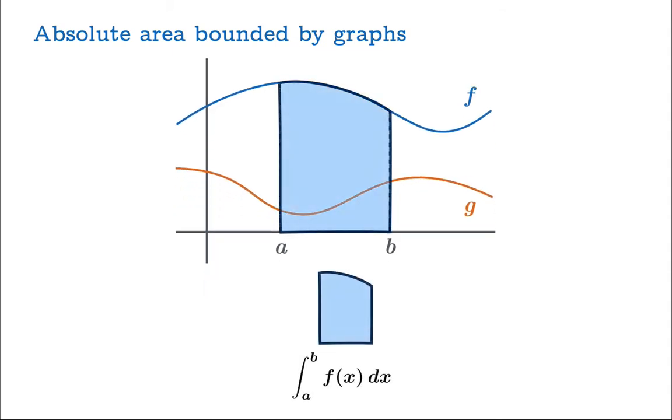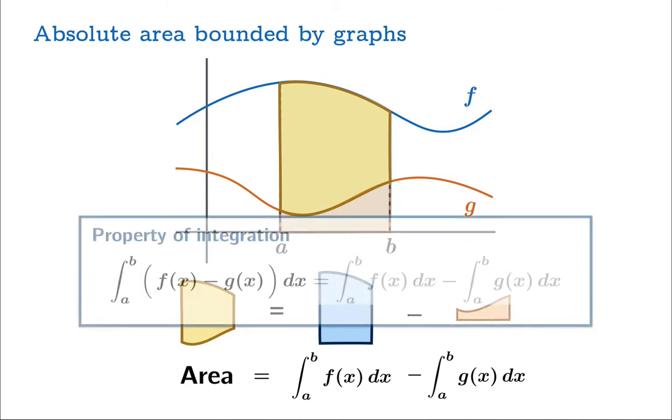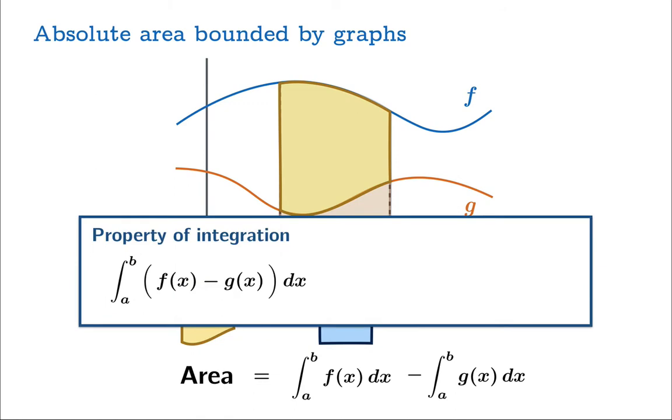We know that the integral of f from a to b should give us this area, and we know that the integral of g from a to b should give us this area, and we're interested in the difference. So in this case, it's pretty clear that the area should simply be the integral of f minus the integral of g. But we're going to do something with this formula. We're going to recall there's a property of integration which says that if you integrate the difference of two functions on an interval, you can decompose it into the difference of the integrals.